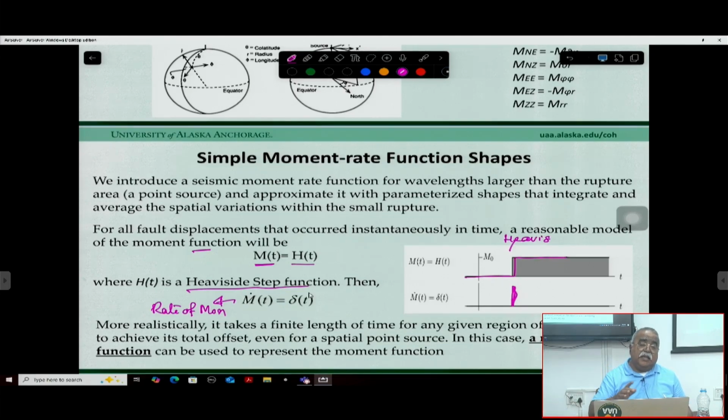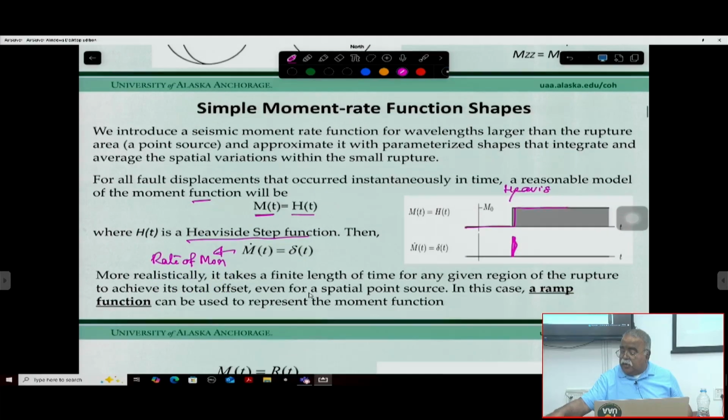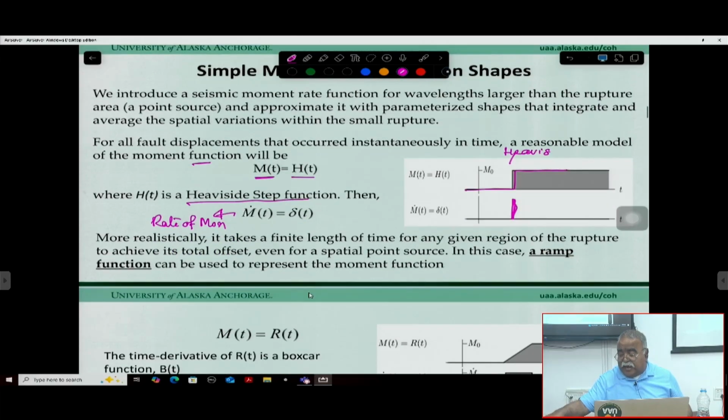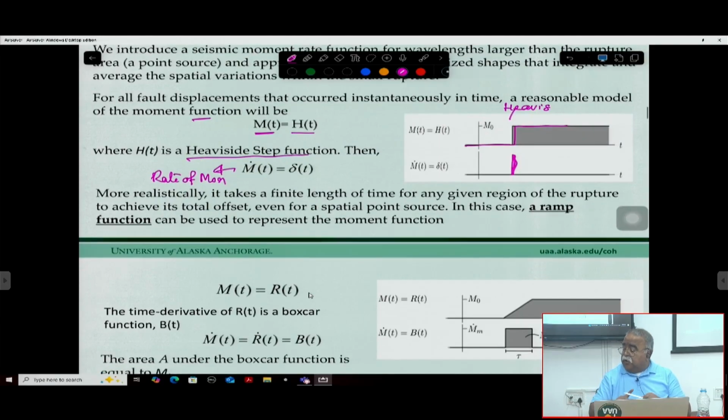But realistically, this is not the case. Realistically, whenever an earthquake happens, the moment will be generated, but that moment will take some time to reach that value. So instead of a Heaviside step function, the moment function will be a ramp function. I call it R(t). The earthquake comes here, and it was normal here.